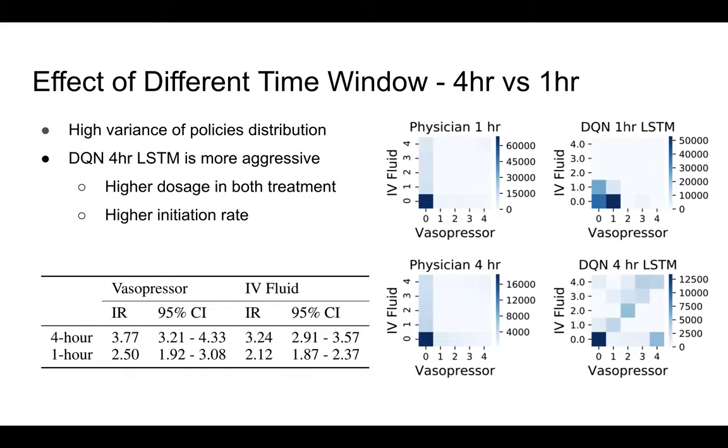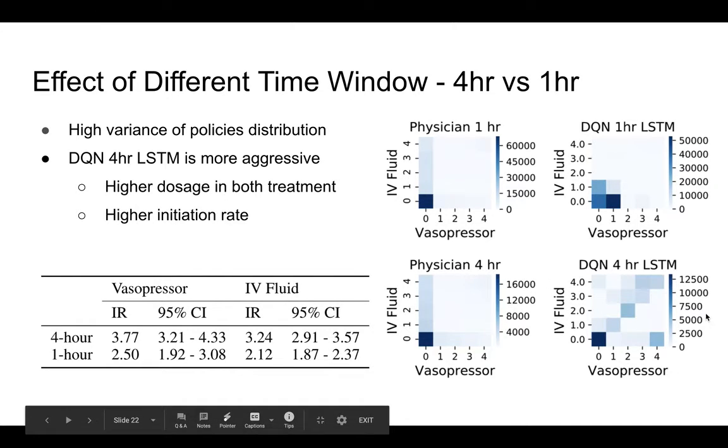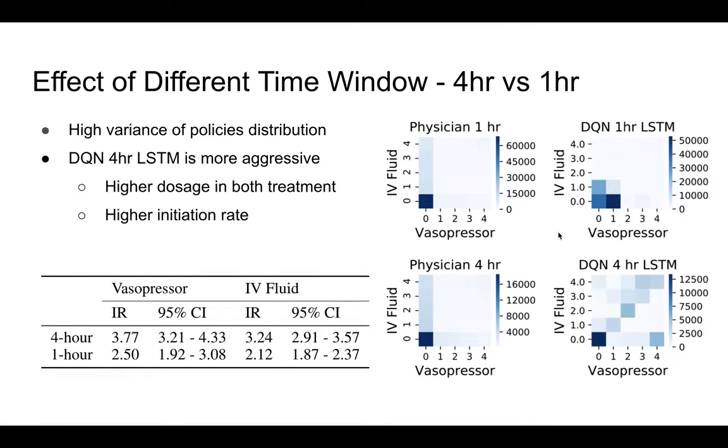So in this sensitivity analysis, we're interested in the effect of different time windows. We train the DQN agent with 1-hourly data and compare it to the DQN agent trained with 4-hourly data. Our result shows that the DQN agent trained with 4-hourly data is much more aggressive compared to the DQN agent trained with 1-hourly data.